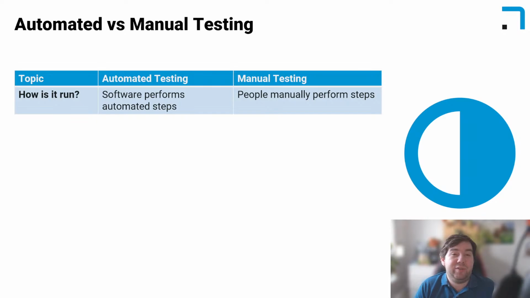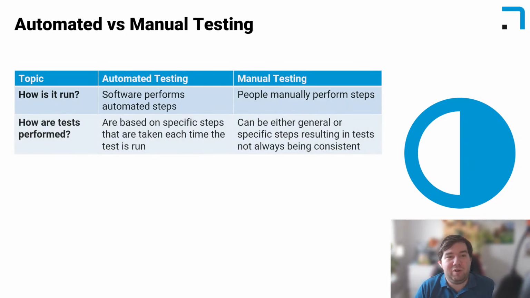Then, how are the tests actually performed? Well, for automation testing, we normally break these test steps into specific steps or statements that need to be taken one by one, and they need to be performed each time that the test is run.